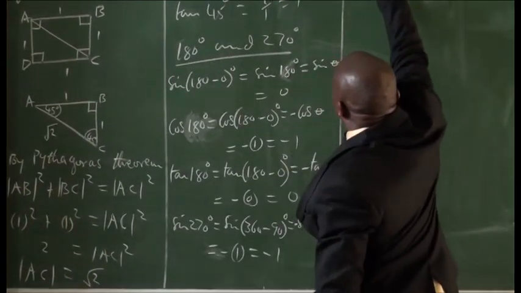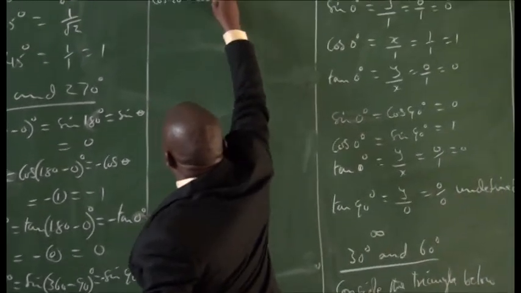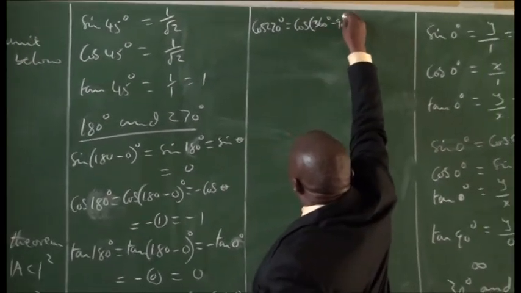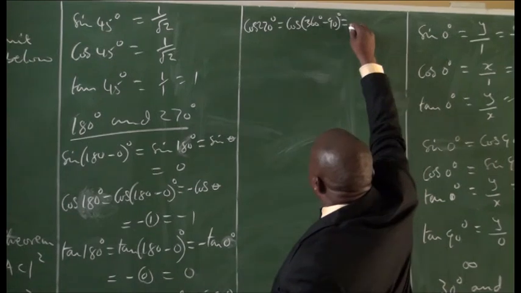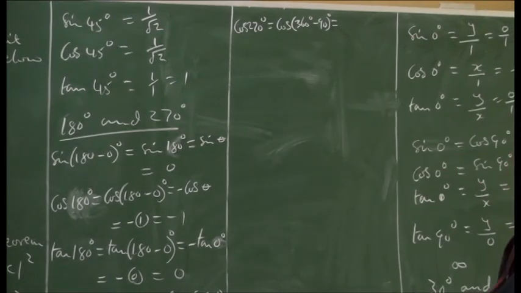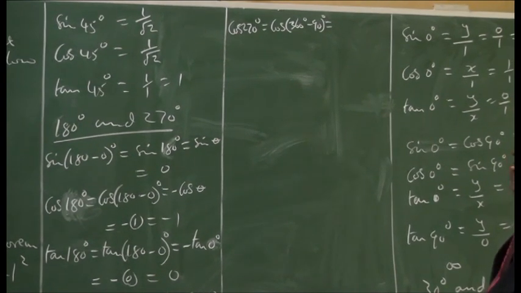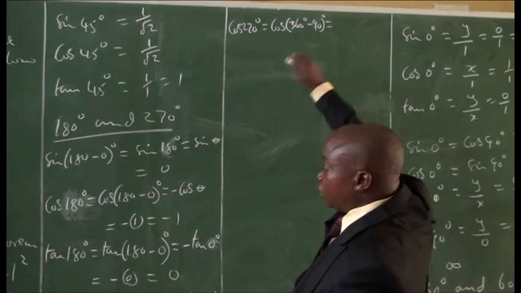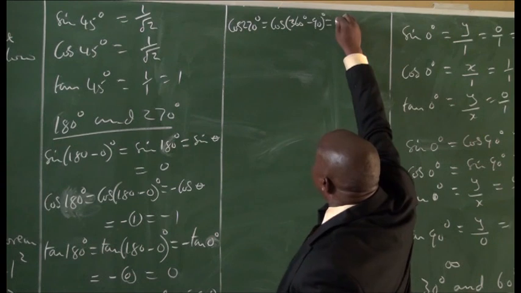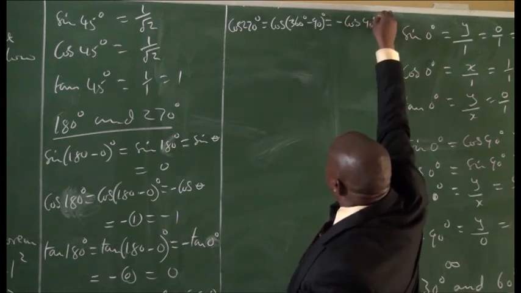Again, cos 270 degrees is equal to cos of 360 degrees minus 90 degrees. Of course, in the third quadrant it is only tan that is positive, from what we have seen. So this will give us minus cos 90 degrees.